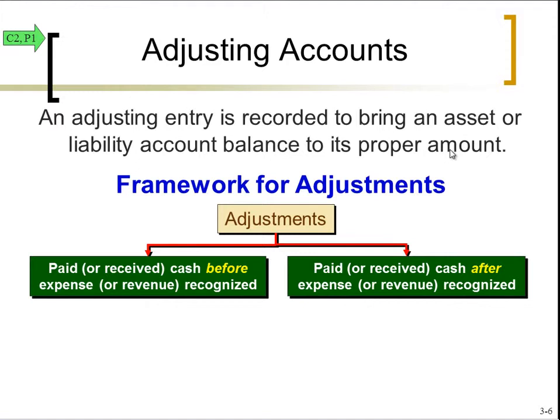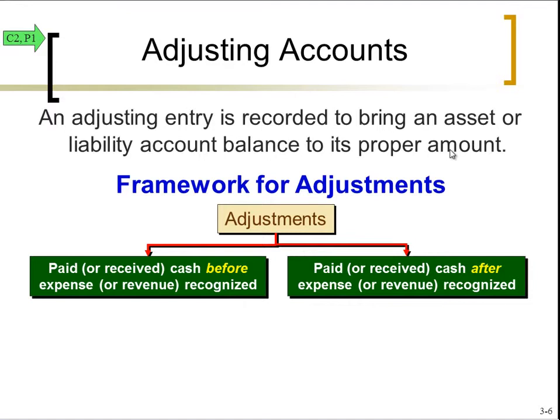So we have two main classifications of adjustments, and then we're going to find out that they break down into two more subclassifications. So the first adjustment type, they're referred to as deferrals. This is where we're trying to defer the recognition of revenue or expense until a later time when we've actually earned it or incurred it.